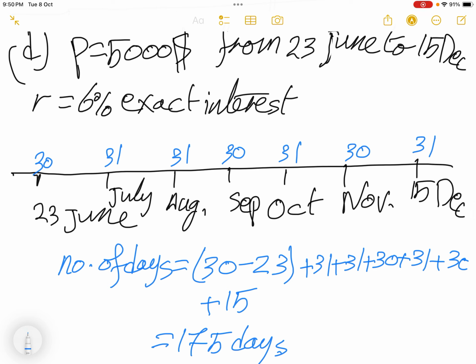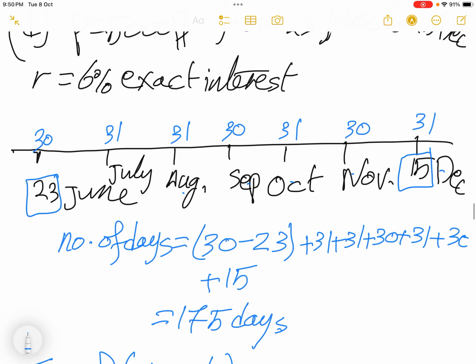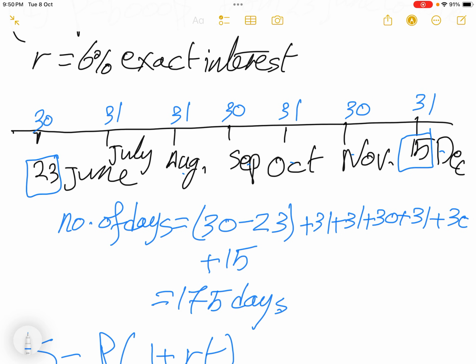23 June, July, August, September, October, November, December. Here, notice June 30 days, July 31, August 31, September 30, October 31, November 30, December 31. But here, the number of days is 30 minus 23 plus 31 plus 31 plus 30 plus 31 plus 30 plus 15.